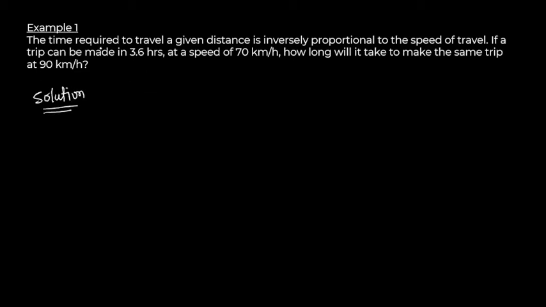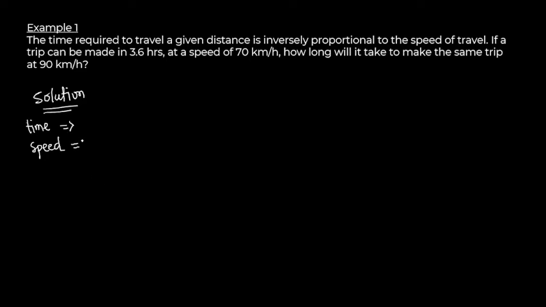We have here the time required to travel a given distance is inversely proportional to the speed of travel. So our first quantity is time, and it is being compared to the second quantity, which is speed. Because we've not been given any variable to denote time and speed, we can choose our own variables.